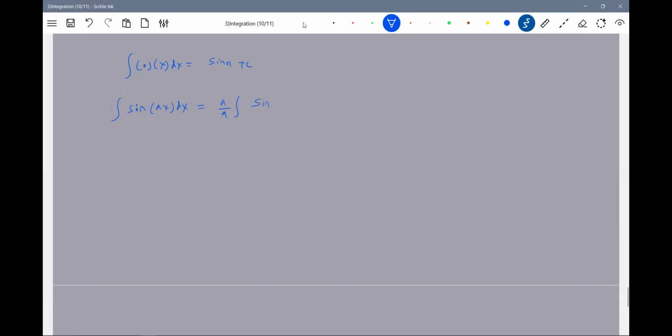So this will become minus cos ax by a plus c. You have to see that when you're integrating, the coefficient of x must be the same.